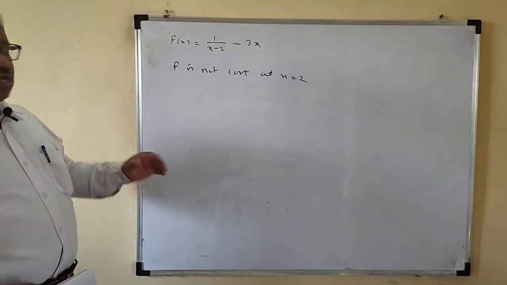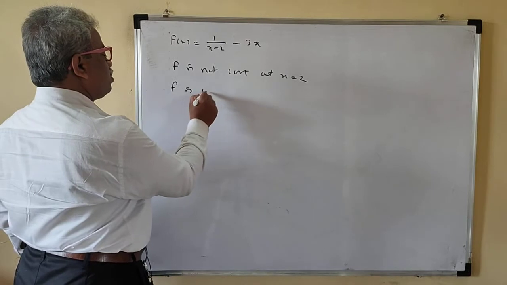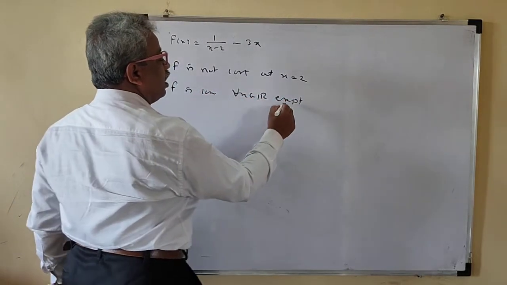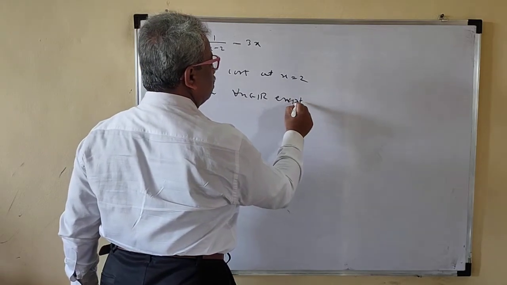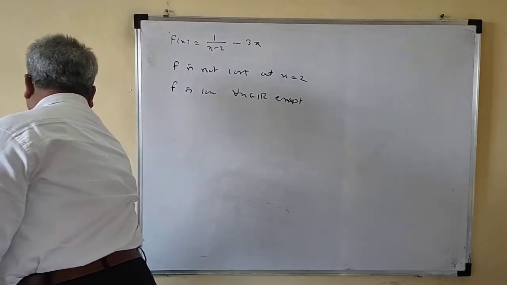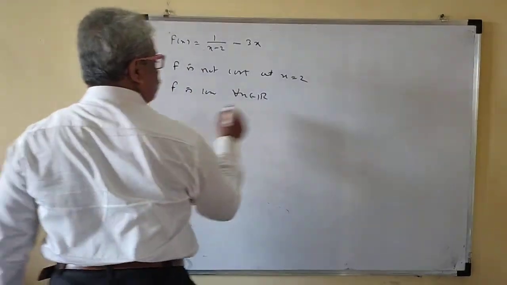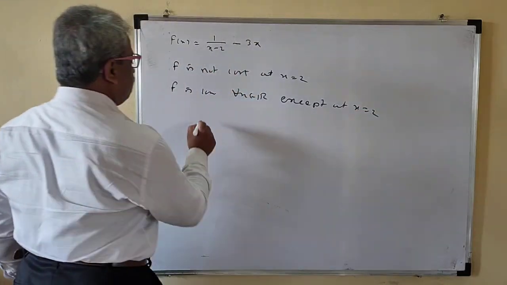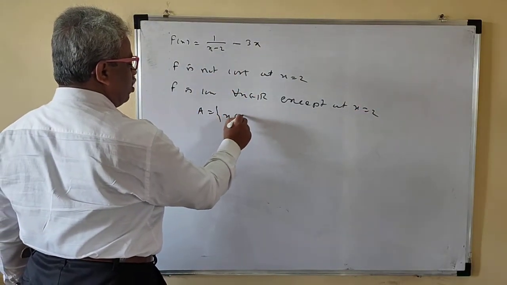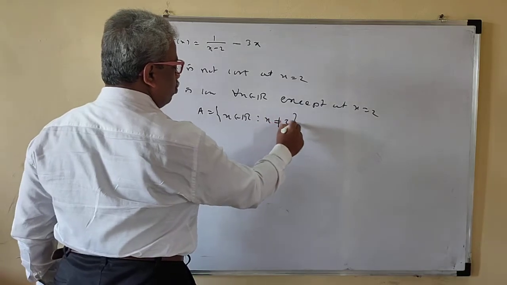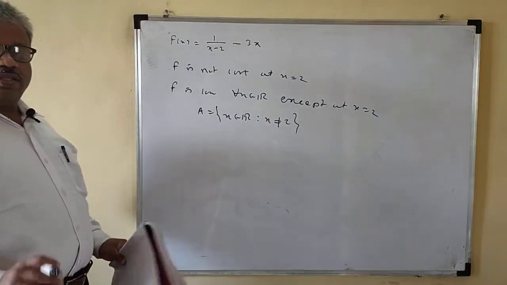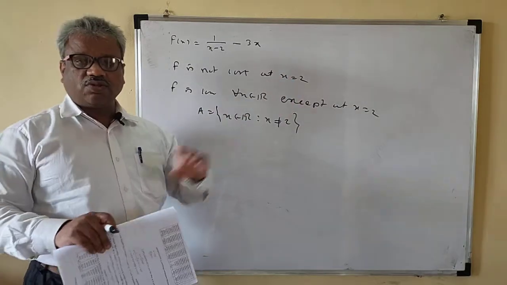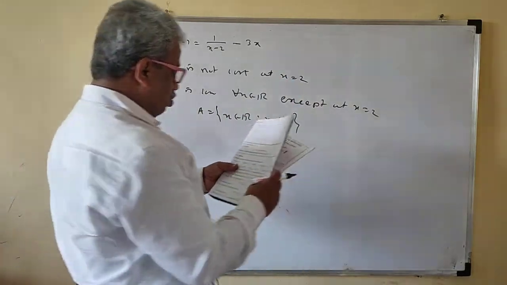So f is continuous for all x belonging to R except at x equal to 2. That means the domain is x belonging to R, x not equal to 2. In this domain, the function is continuous everywhere. So x equal to 2 is the point of discontinuity.